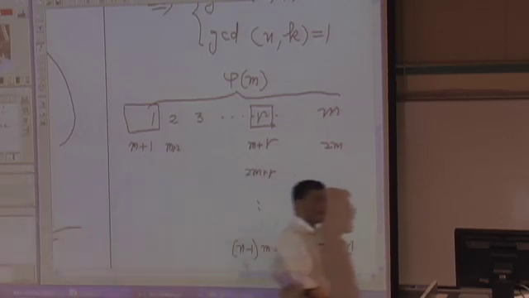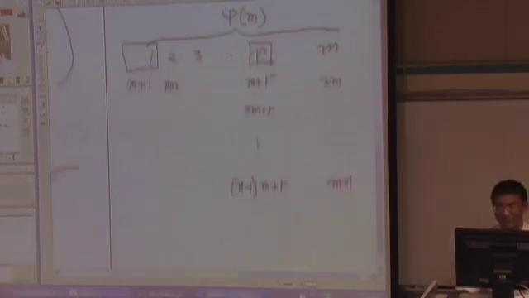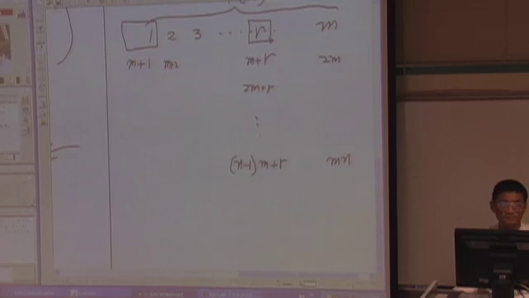Then, the next statement you can mention is, let's go to the next page. The next step that you can mention is, if GCD of R and m is 1, then GCD of any m multiple, right?